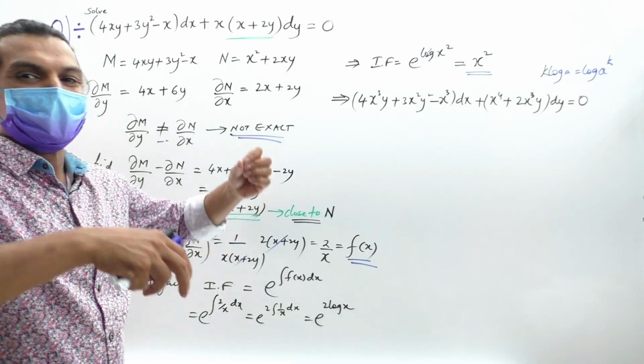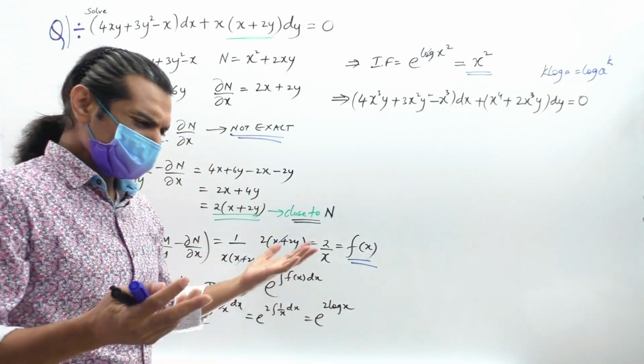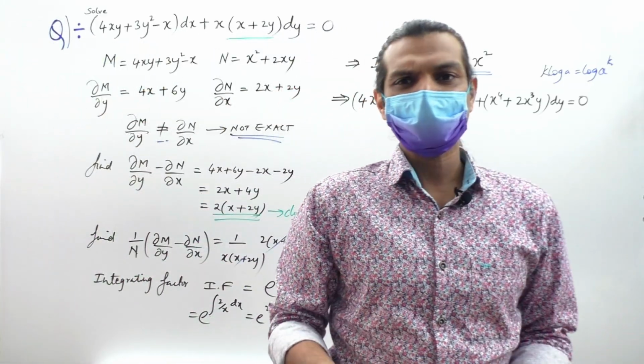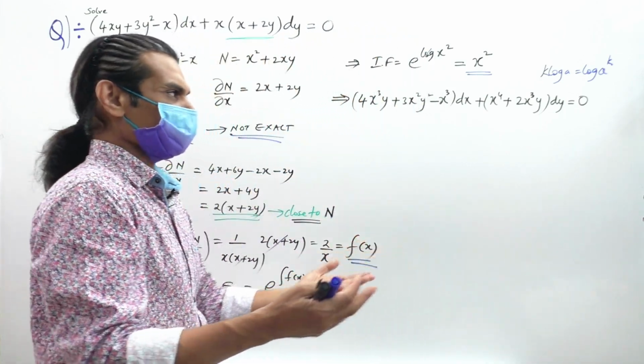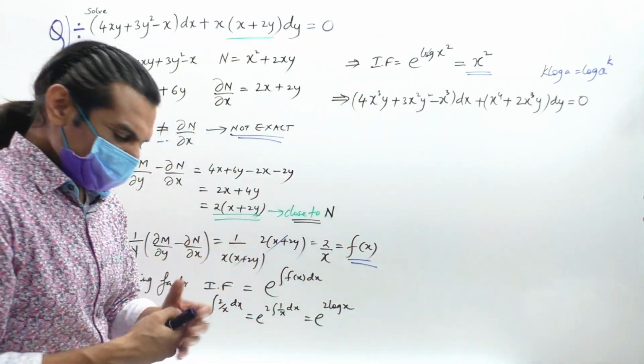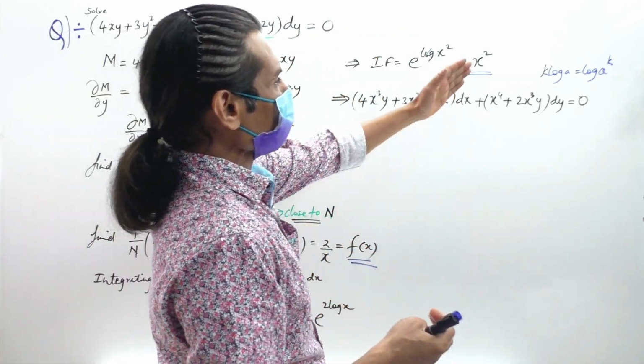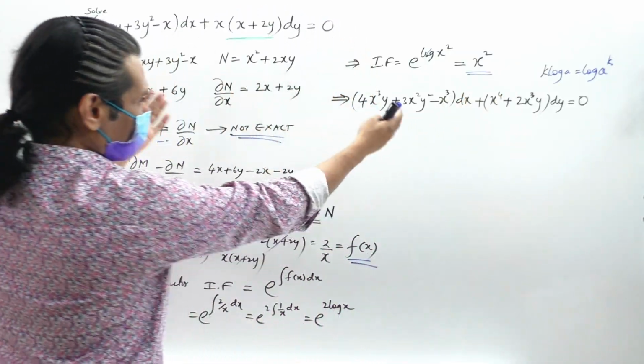Definitely this is exact. There is no need to verify dou n by dou y minus dou n by dou x, because the question will be asked around 6 to 7 marks, so it is understood. So by multiplying by the IF, the equation becomes exact.